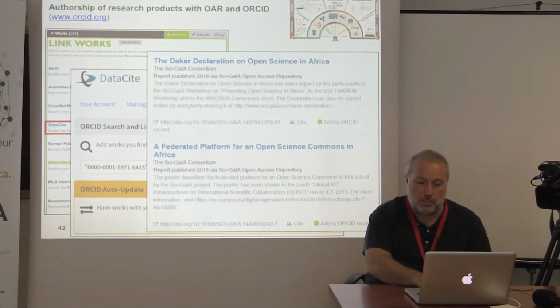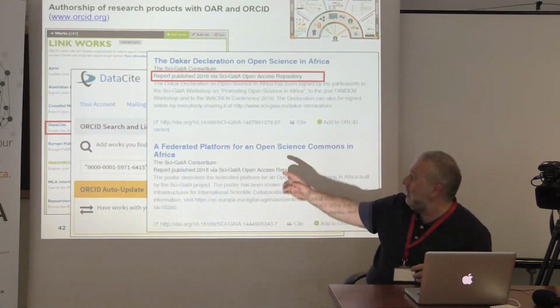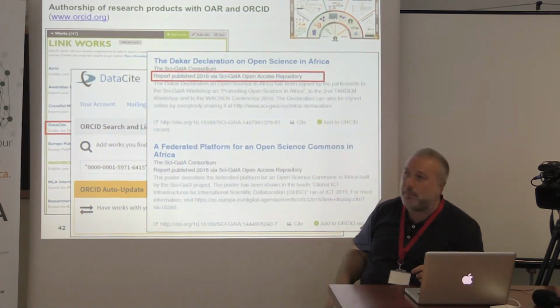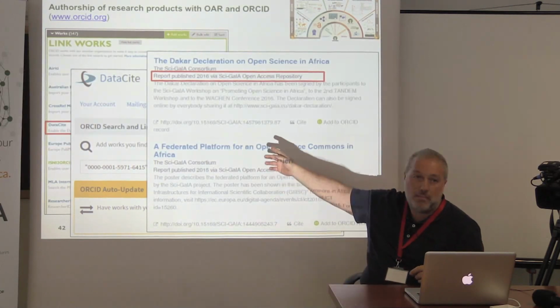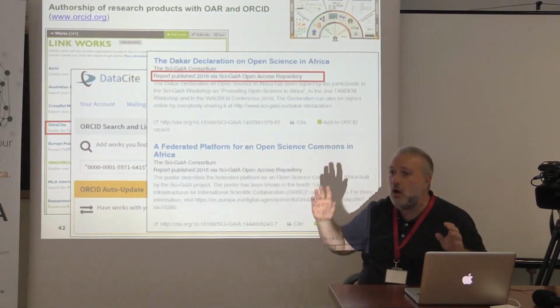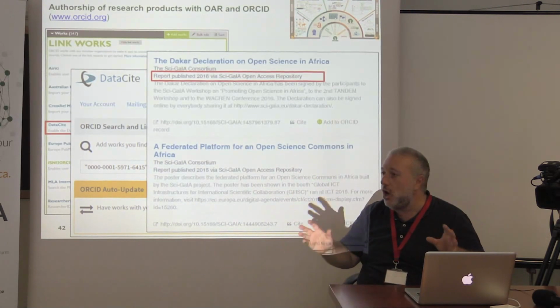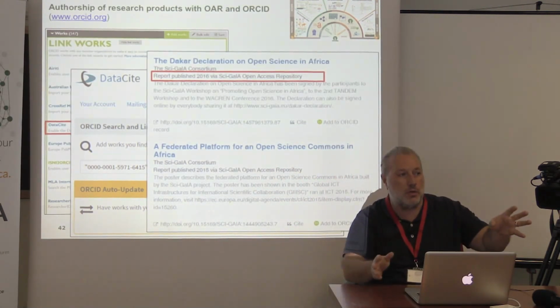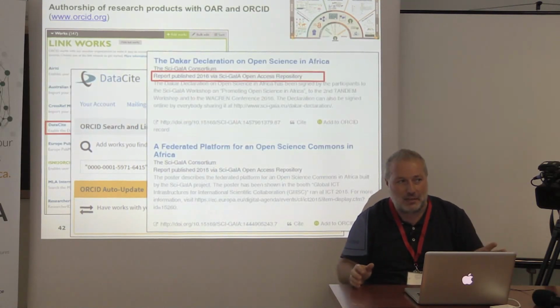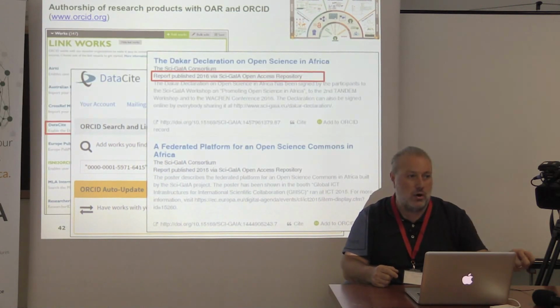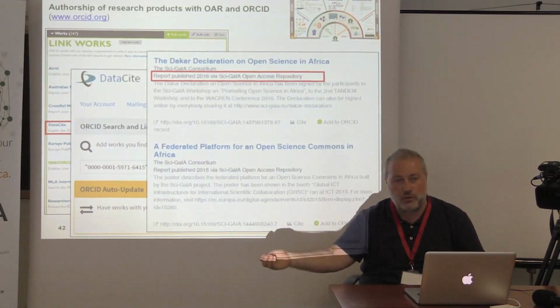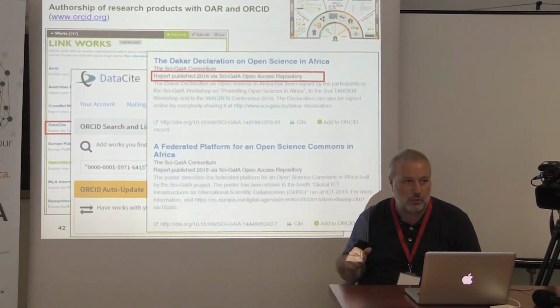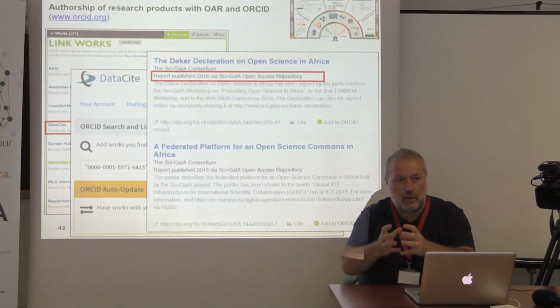So basically your papers. And you can see that some of your papers are on the Sci-GaIA open access repository. They can be papers, datasets, reports, all the gray literature. The gold literature is what you publish in your journal. But if you have a DOI, you can still connect a paper you published in Physical Review or Physical Review Letters with the data you have published in your institutional repository. And together they can be combined as a research object.